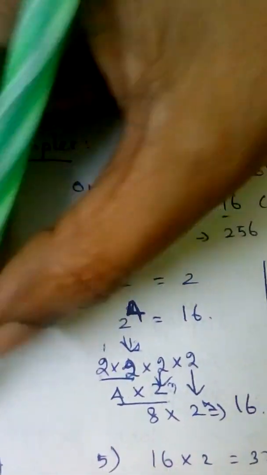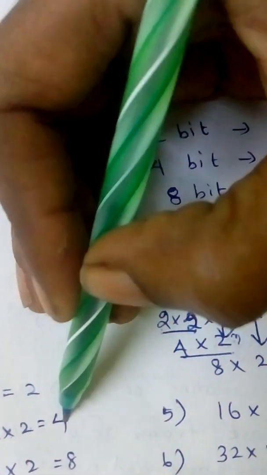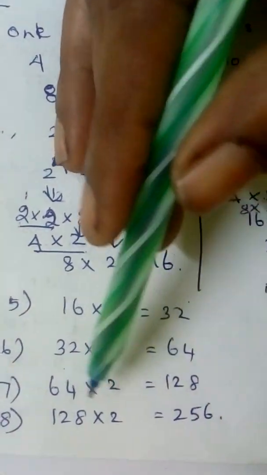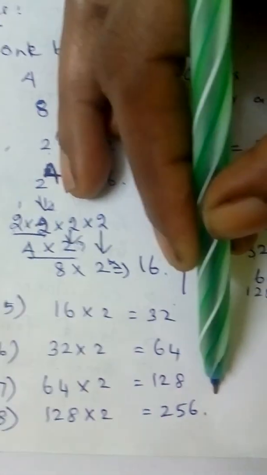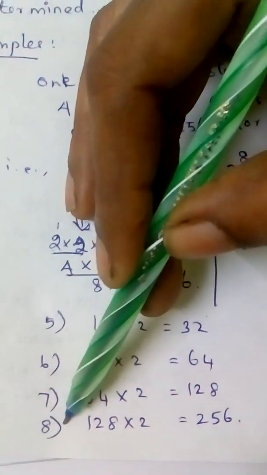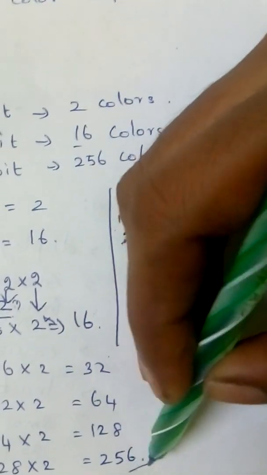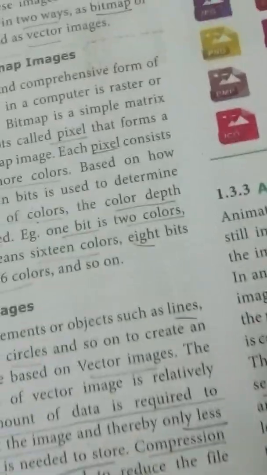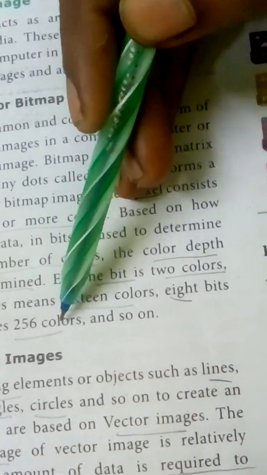Starting with 1 into 2 equal to 2, 2 into 2 is 4, 4 into 2 is 8, 8 into 2 is 16, 16 into 2 is 32, 32 into 2 is 64, 64 into 2 is 128, and 128 into 2 is 256. Totally there are 8 steps, so 2 power 8 gives 256. That means 8 bits indicates 256 colors.